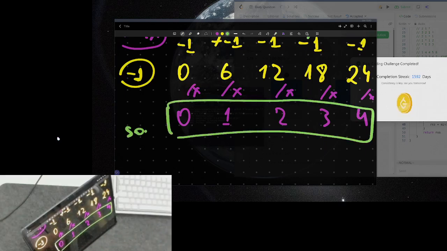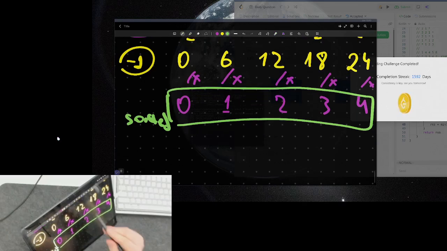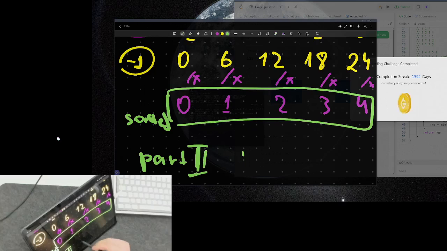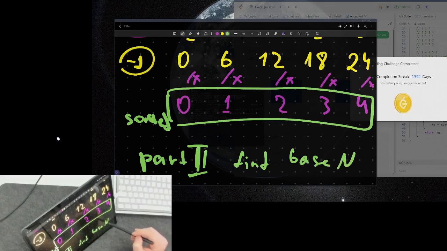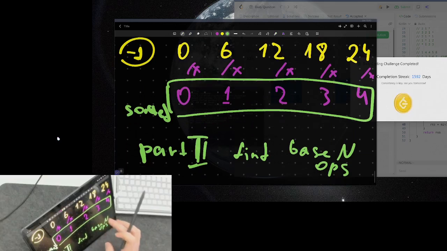I already sorted them, but they can be shuffled in the grid. And this is part 2 of this problem: we have to find the baseline number of operations that would give us the smallest sum of operations to bring everything to the base.